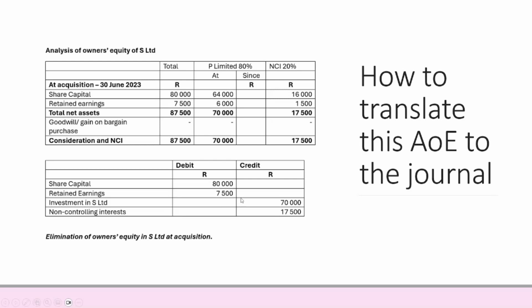Where would we have gotten that from? We would have gotten that from the actual scenario of 7,500, and your share capital being your first total, 80,000. So what you are doing at acquisition is taking this total and splitting it, de-recognizing your investment and recognizing non-controlling interest. Obviously, you have your narration always in order for you to get that 1 mark.